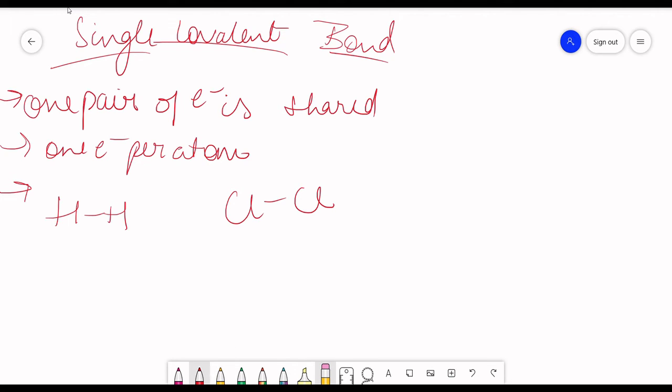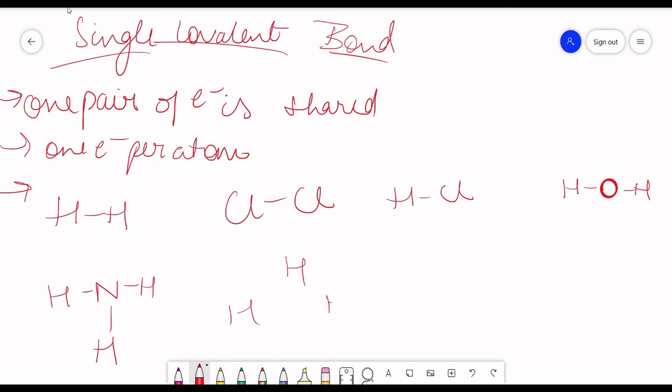If I talk about HCl, H and Cl. If I talk about water, HOH. If I talk about ammonia, H and H. And if I talk about methane, H. I'll show you the single covalent bonds.